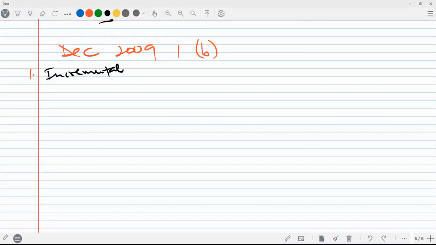Incremental contribution. So we can have year 1, year 2, year 3, year 4, 5, 6 to 9.